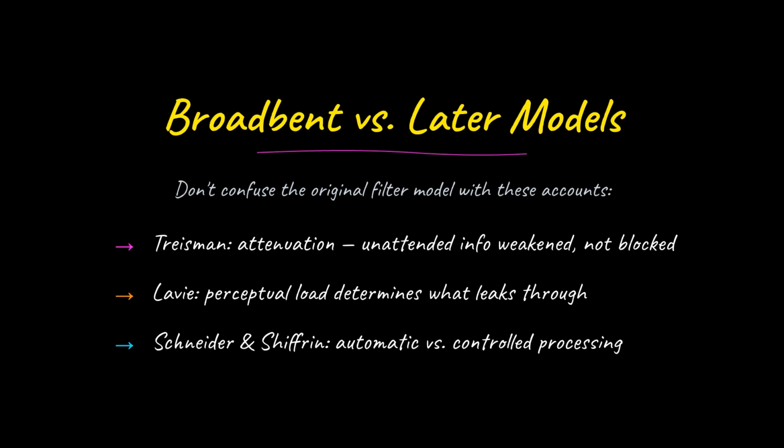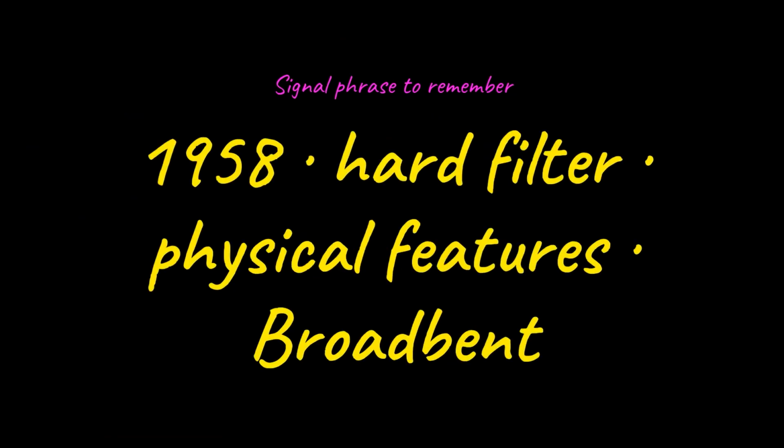Broadbent's unique contribution is the original hard early selection filter. When an exam stem describes a single bottleneck that selects by physical features and blocks unattended messages entirely, that points specifically to Broadbent's 1958 filter model, the foundation of the information processing tradition in cognitive psychology.